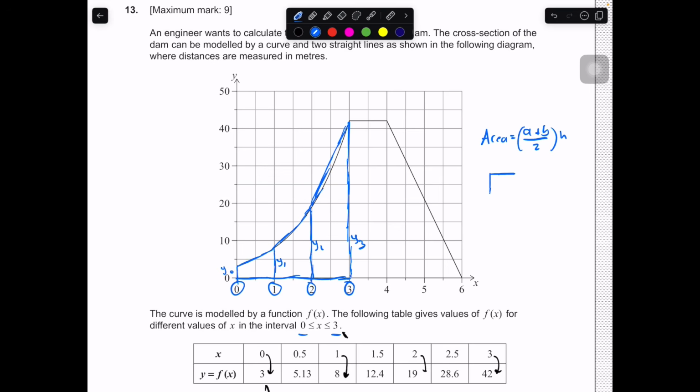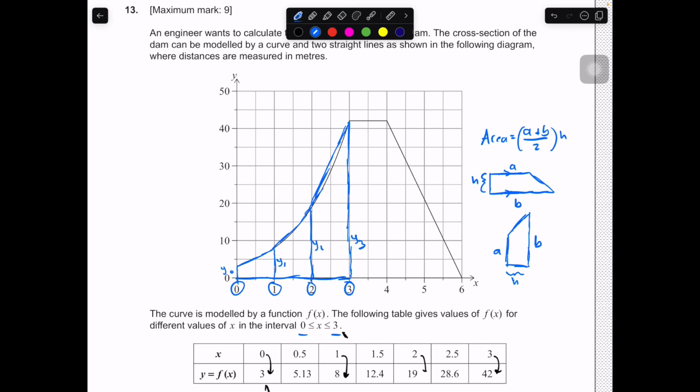So if we have some trapezoid like this, and it's on its side, a and b would just be the lengths of these parallel sides, and then h would be the height of the trapezoid. What we're doing when we're doing the trapezoid rule is we're just rotating these trapezoids on the side, and this of course now becomes h.